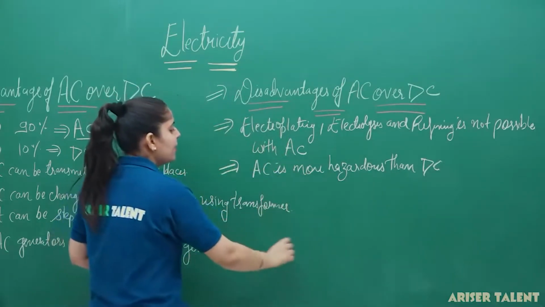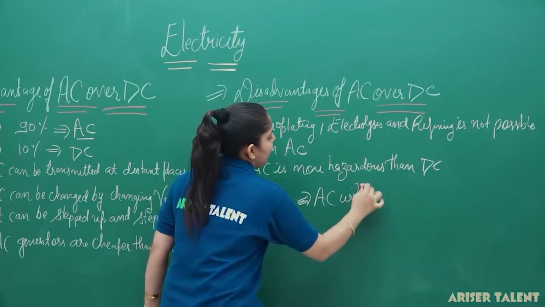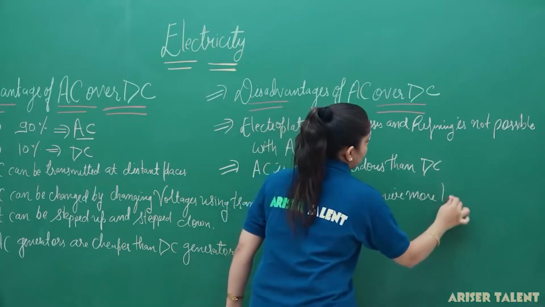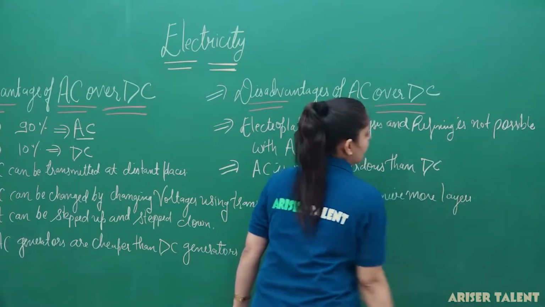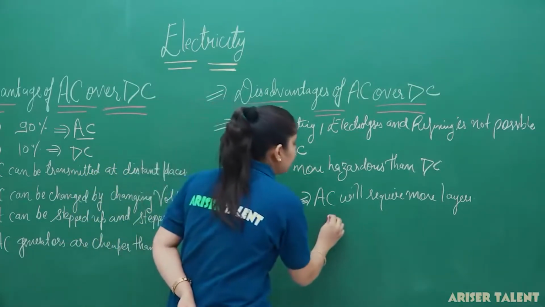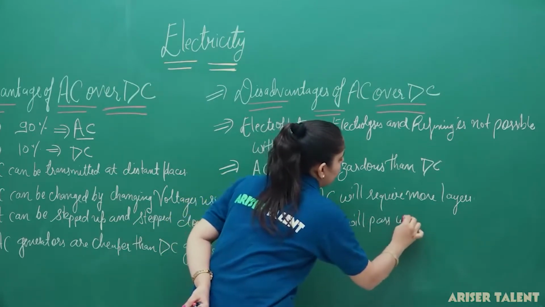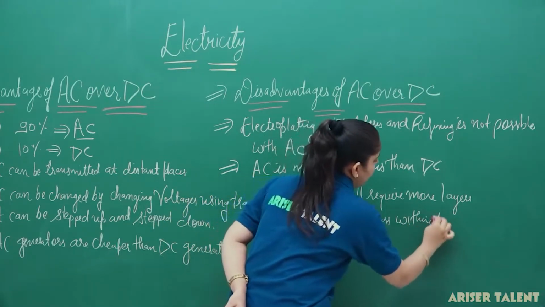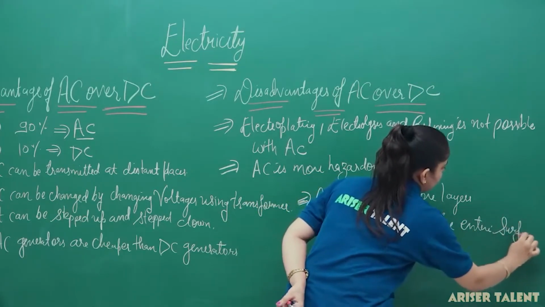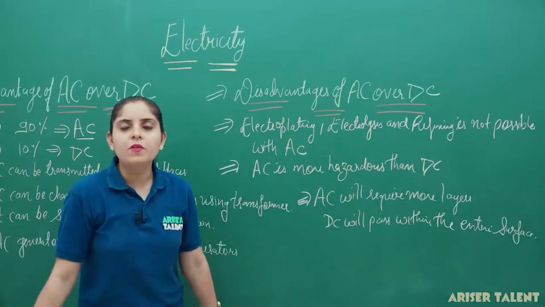So, the next disadvantage is that AC will require more layers, meaning more layers of insulating cables to pass through them. But DC will pass within the entire surface. So, this is the disadvantage of AC over DC.